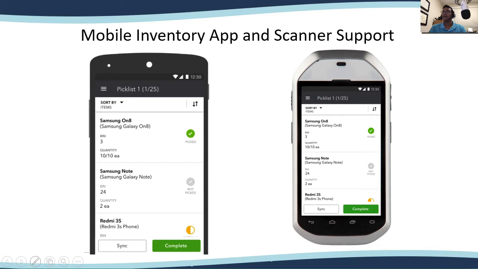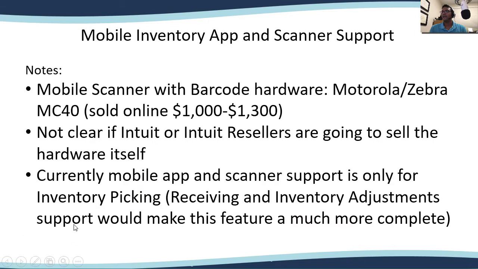And that piece of equipment, it's between $1,000 and $1,300. If you actually Google Motorola MC40 or Zebra MC40, either one, you're gonna see all sorts of prices between $1,000 and $1,200. And it's kind of pricey if you want the barcode scanning. Again, if you don't need the barcode scanning, any Android device will work.